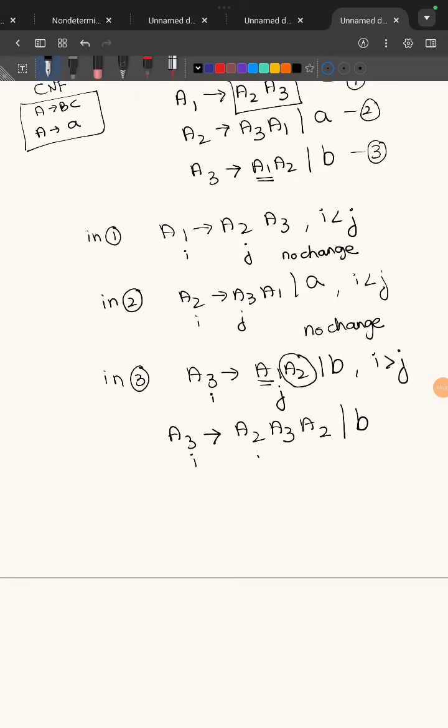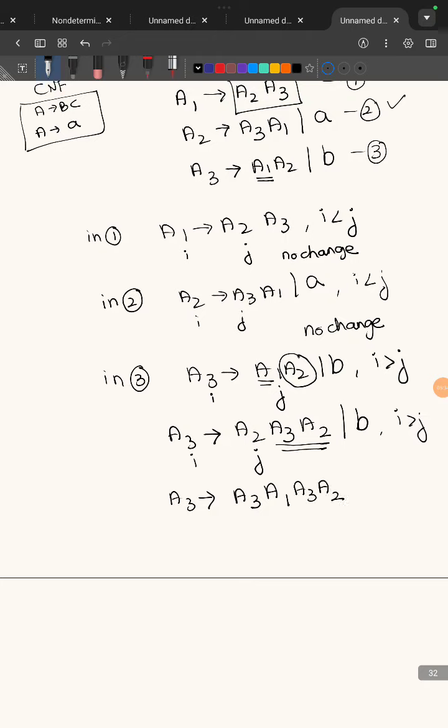Now again we have to check the condition. Here I, this is J. Again what is happening, I is greater than J. What we will do, instead of this A2 we will substitute the second equation present over here. So A3 will be deriving, instead of A2 it is A3, A1, followed by this 2 will remain the same, A3, A2.